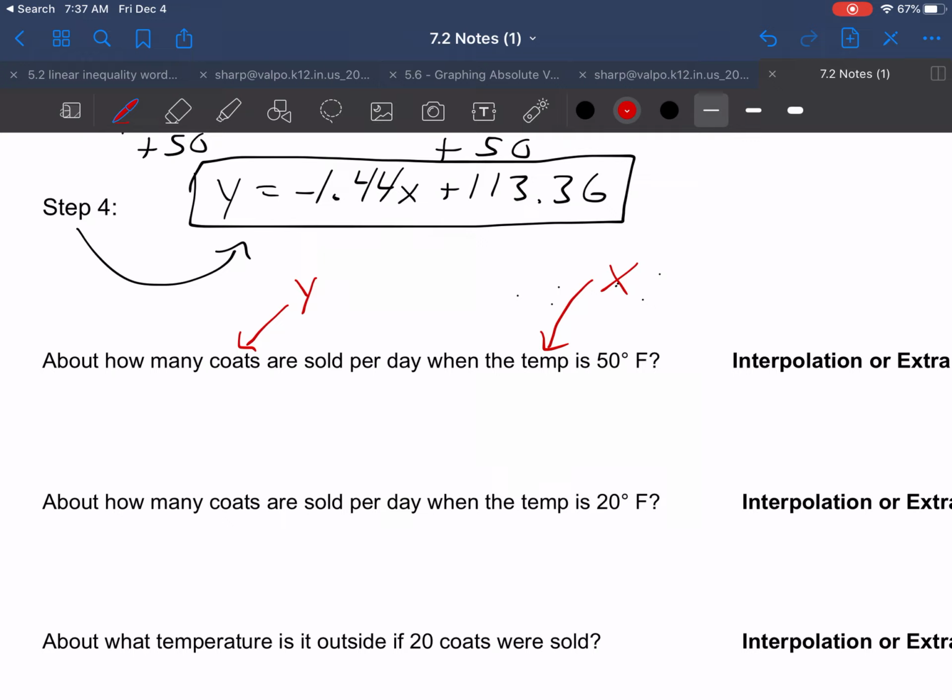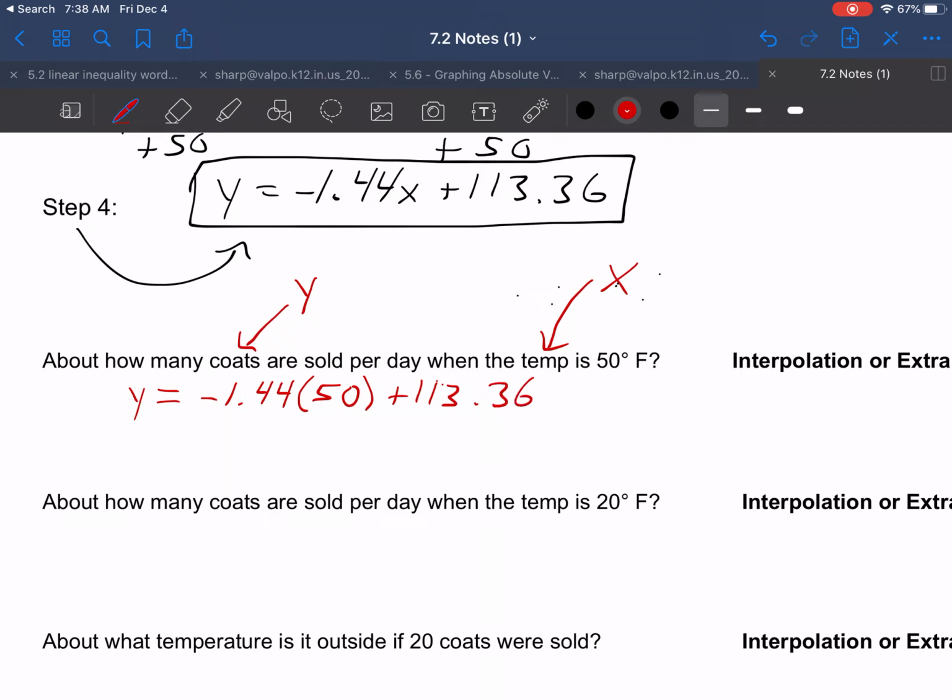So if it says about how many coats are sold per day when the temperature is 50 degrees, I know that for coats, I'm going to leave it as y because I'm trying to solve for it. But as the temperature, I'm going to do negative 1.44 times the x value, which is 50 degrees, then I'm going to add 113.36.